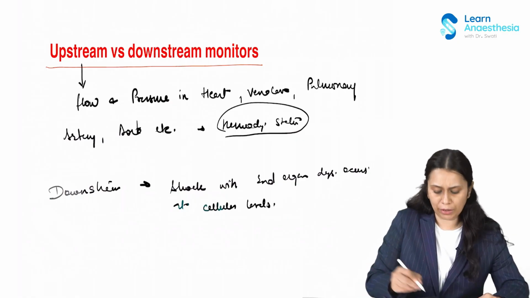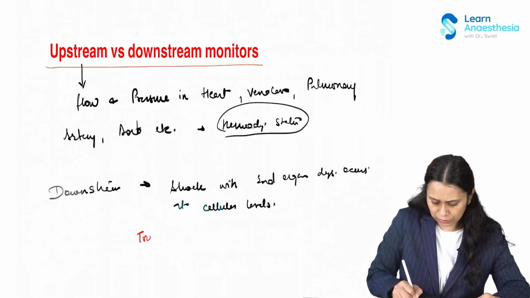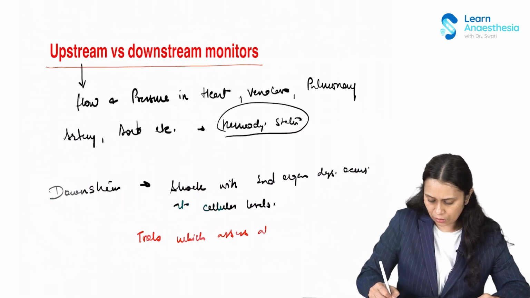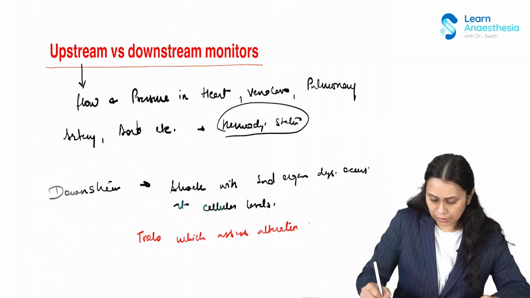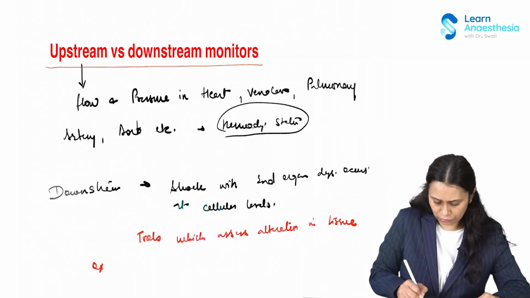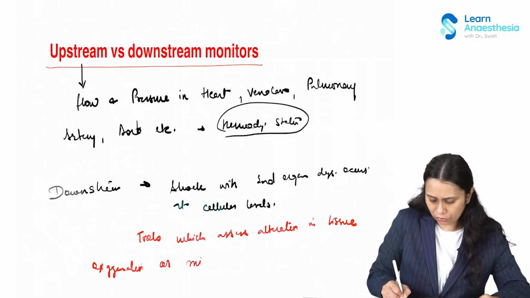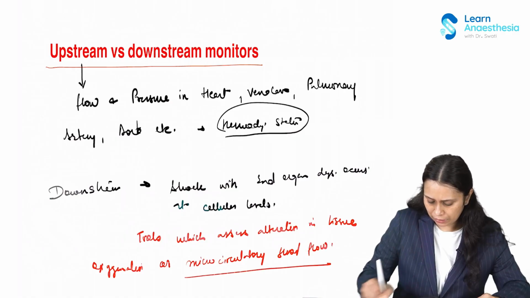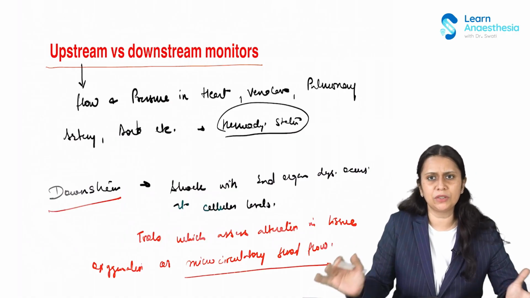So any tools which assess the alteration in tissue oxygenation or microcirculatory blood flow come under downstream monitors, right? So this is upstream and downstream monitors.